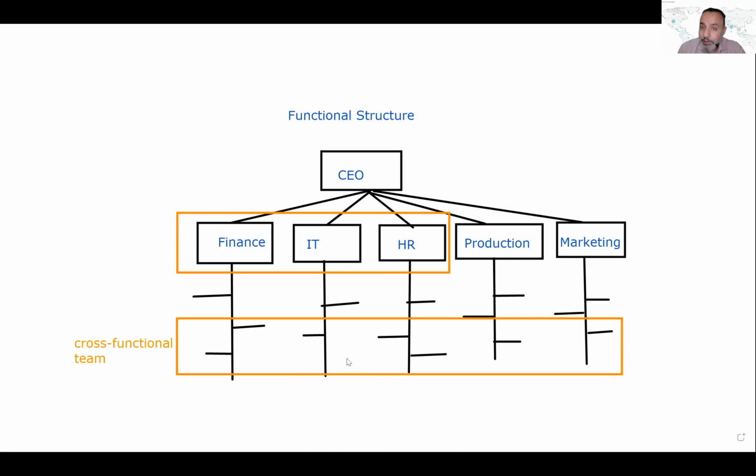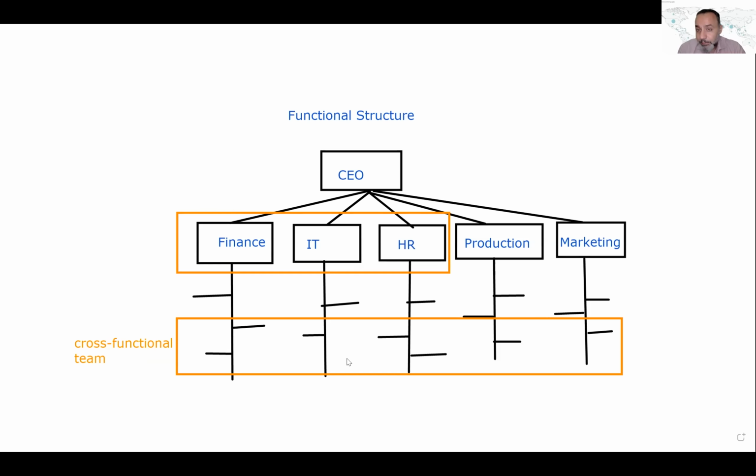You don't have a clear project manager. You don't have a dedicated person to manage the project. You don't have clear responsibilities. And all people are busy with their functional work, and you are bringing extra tasks for them in the project, and their loyalty is basically for the functions that they are doing.